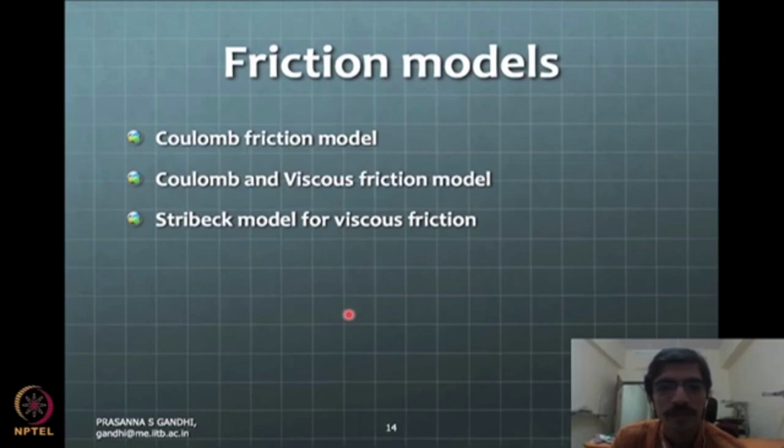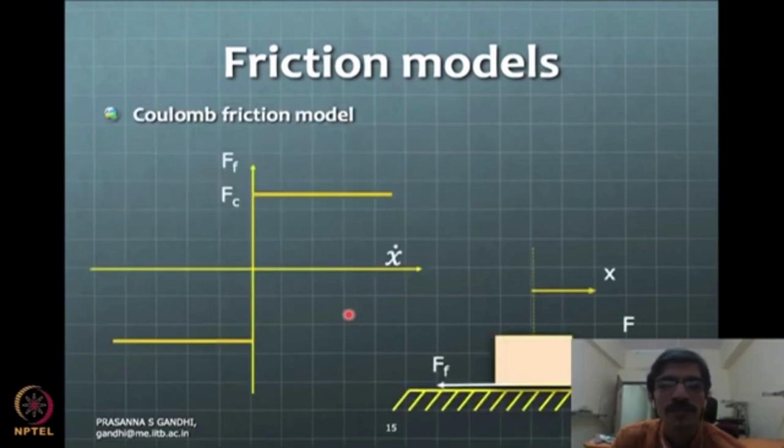Now we'll see different kinds of scenarios here. This is the scenario that we are just talking about. We have a force that is applied on the mass m as this force F, and there is a friction force, with small f as its symbol.